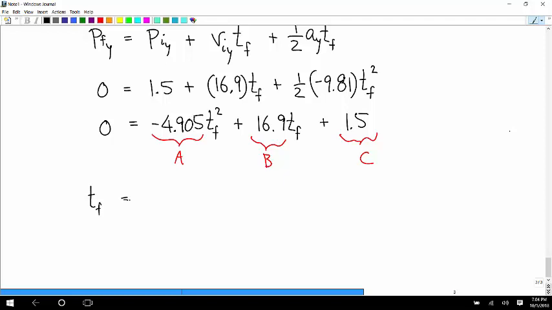Time final is equal to negative B plus or minus square root of B squared minus 4AC, all over 2A.